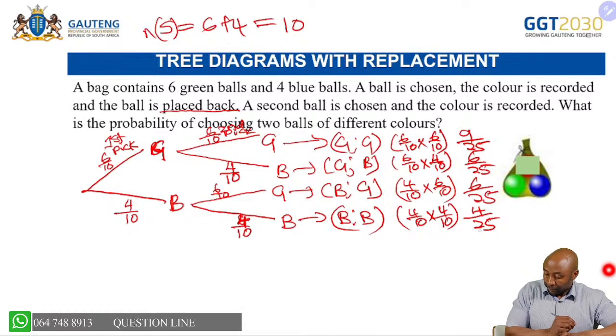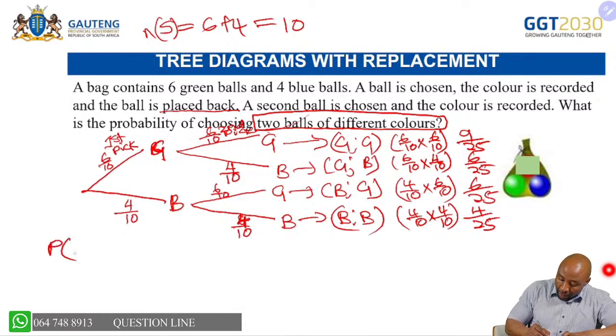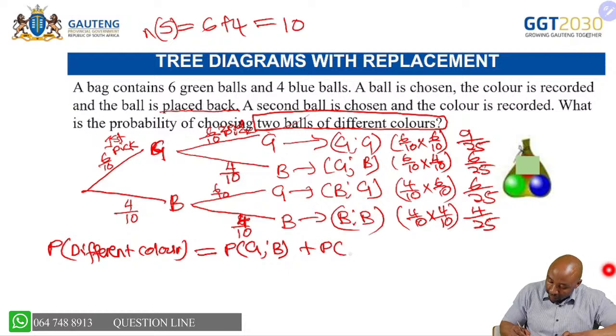Now, from there, we go back to the question. The two balls chosen are of different color. So we want to find P different color. Now, this will be equal to, it means it can be green and blue, or it can be blue and green. So we can get the probability of green and blue, or the first one will be blue, the second one will be green.